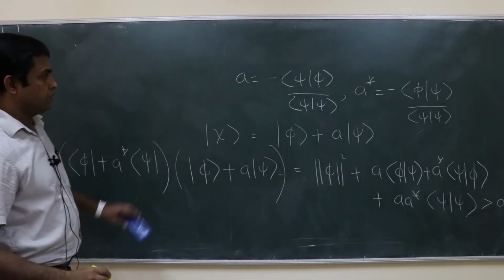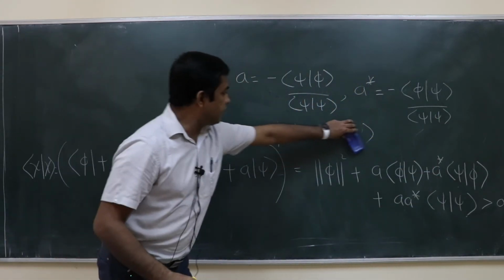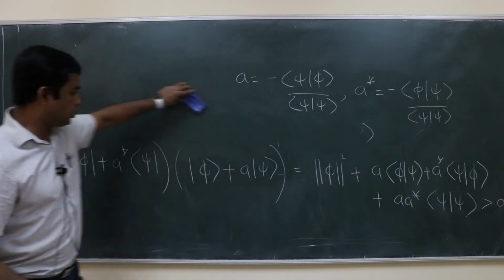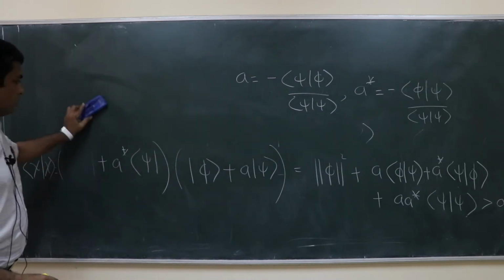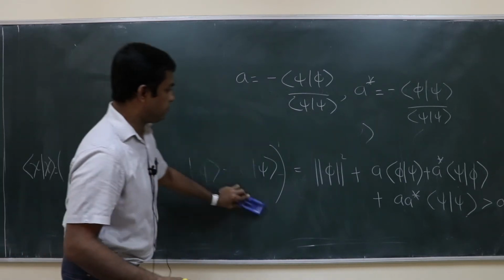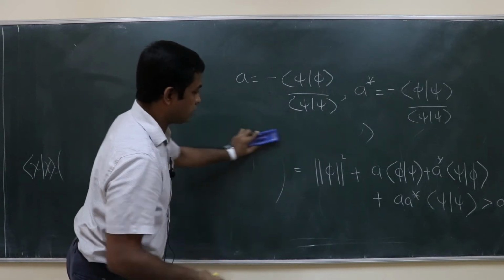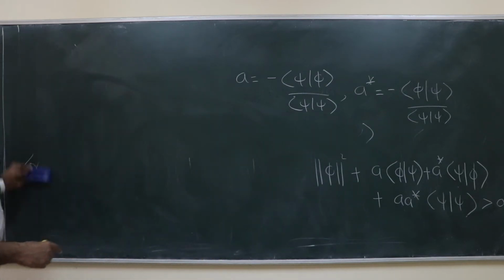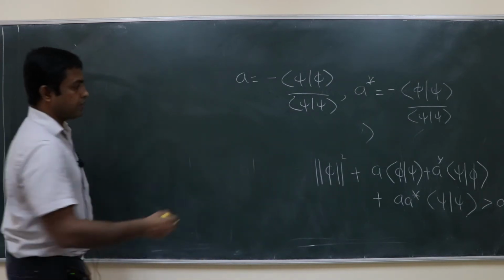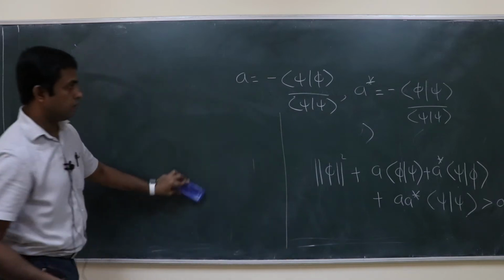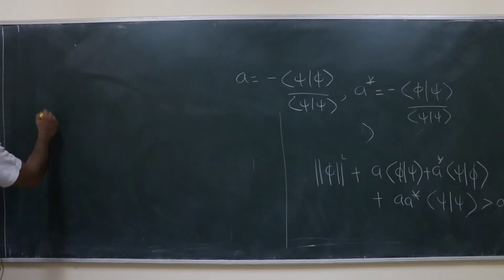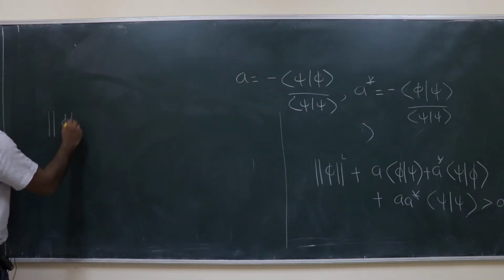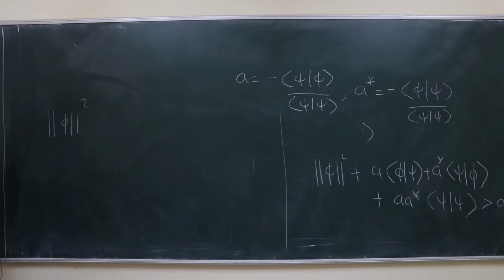Okay, so now let us substitute a in this expression, and what are you going to get? First one is the norm square.